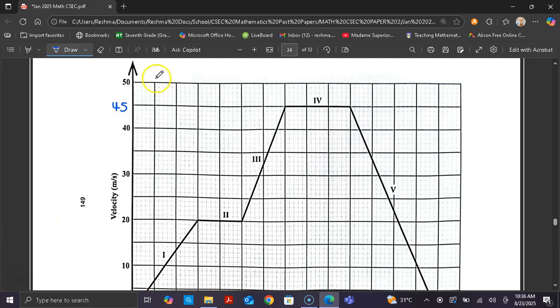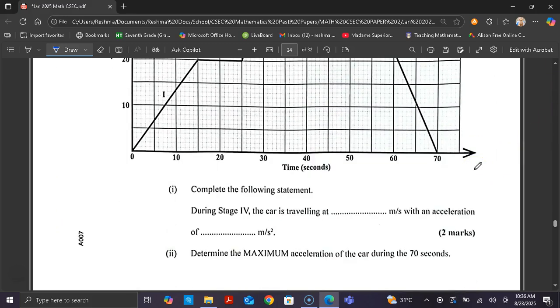If a body is traveling with constant velocity, then the acceleration is 0, because acceleration is change in velocity over time. So if the velocity is not changing, the acceleration is 0. Therefore, during stage 4, the car is traveling at 45 meters per second with an acceleration of 0 meters per second squared.